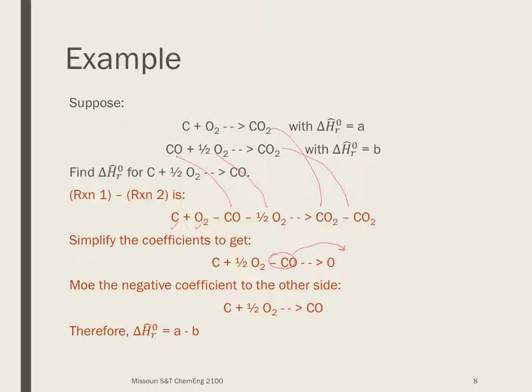So therefore I have carbon plus half an oxygen makes CO. Well, that's the reaction I'm looking for. So therefore I can use these same steps to calculate the heat of reaction. So I had taken reaction 1 minus reaction 2. The heat of reaction, therefore, is A minus B.